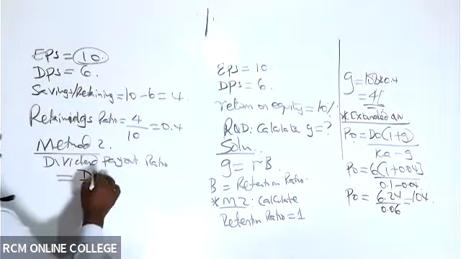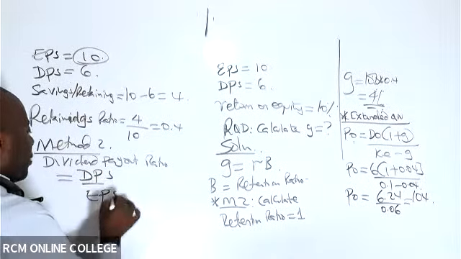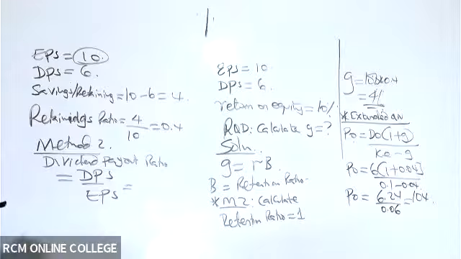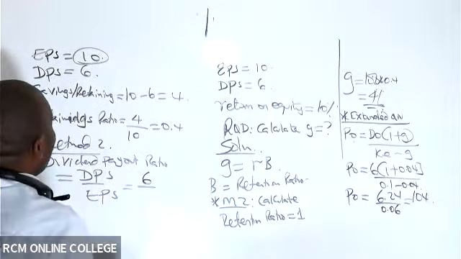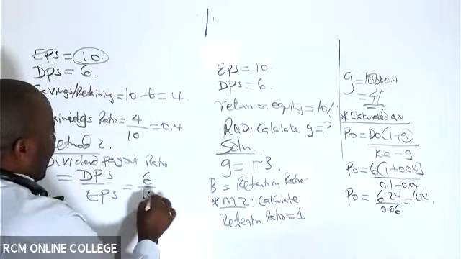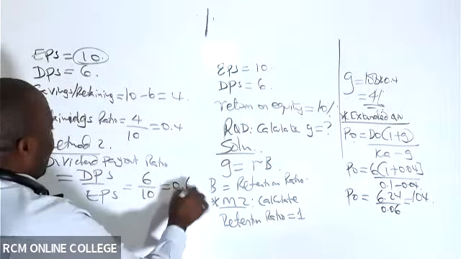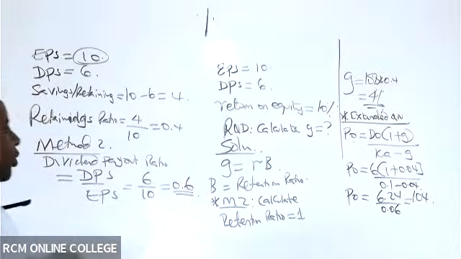We normally take DPS over EPS. What is our DPS here? It is 6 over EPS, which is 10. So this gives you 0.6. This is what we've been able to pay, which is the same as 60%. So we are paying 60%.